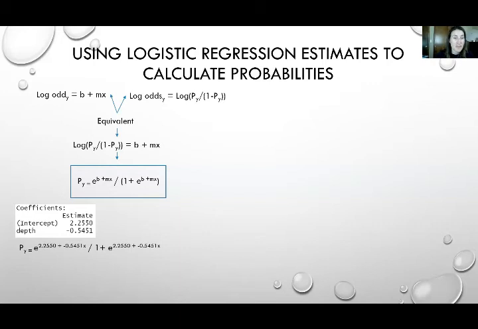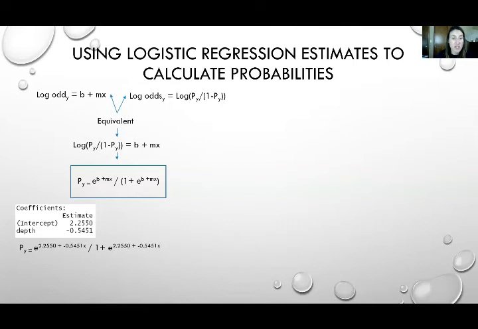So we're saying the probability of groundwater contamination risk equals e to the 2.255 plus minus 0.5451 times X. X is our depth to groundwater in meters.